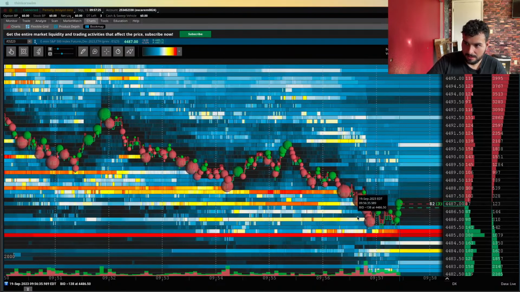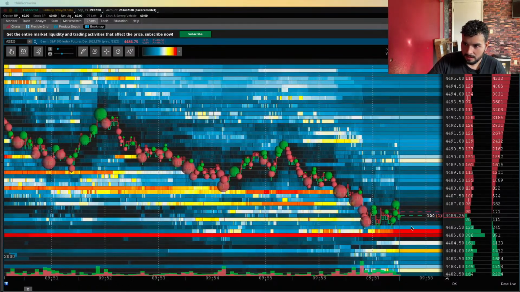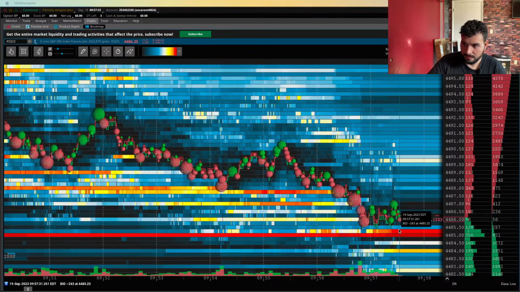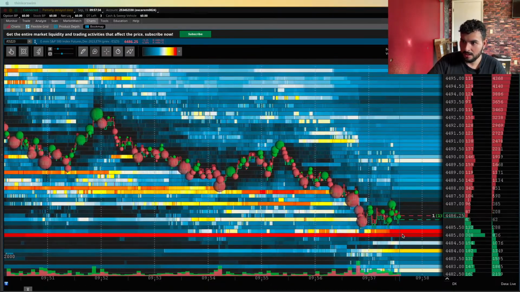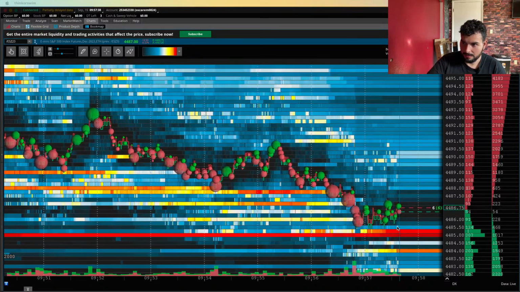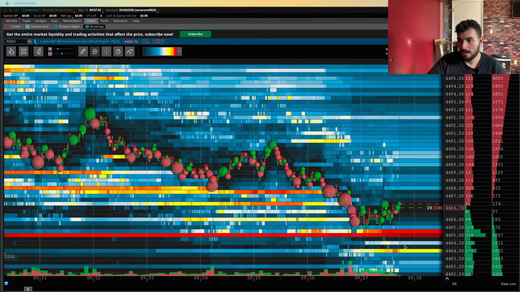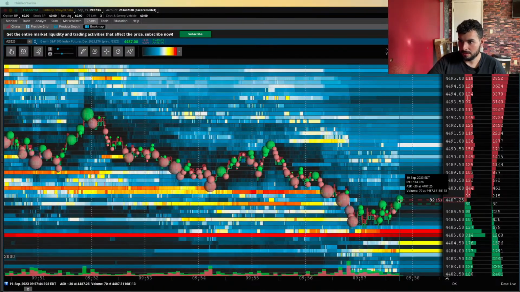If you guys can see that, we have these orders right here, big orders. They could be stop loss orders. These are buy orders right here, so if they get filled, it could fuel a sell-off even further if there's not enough orders to push us up.